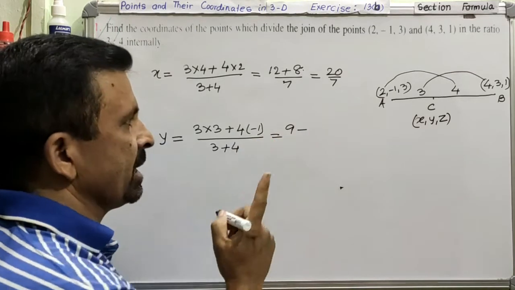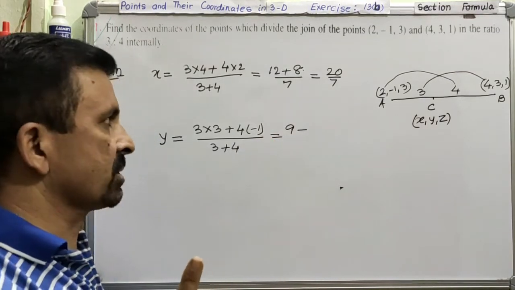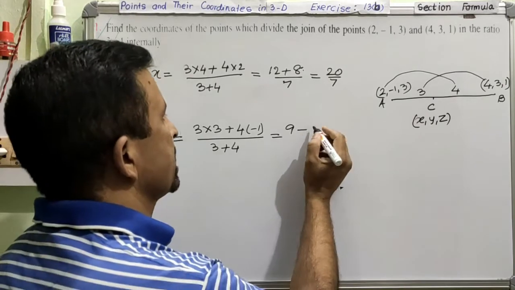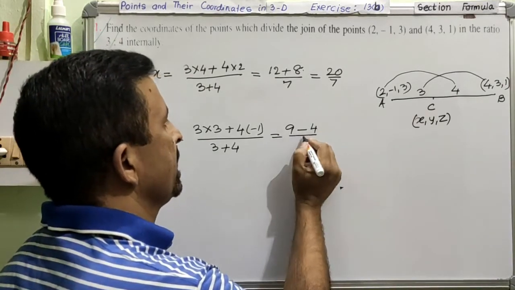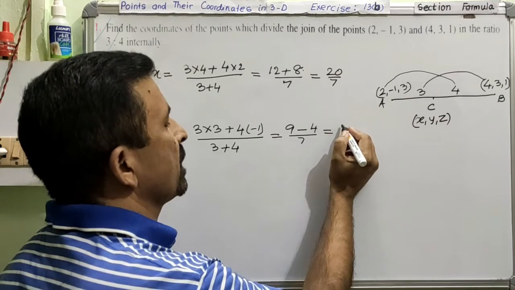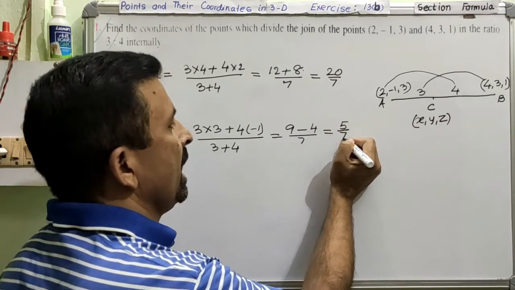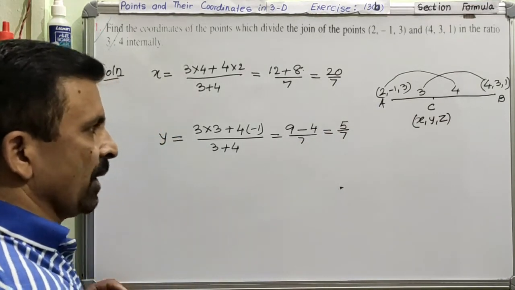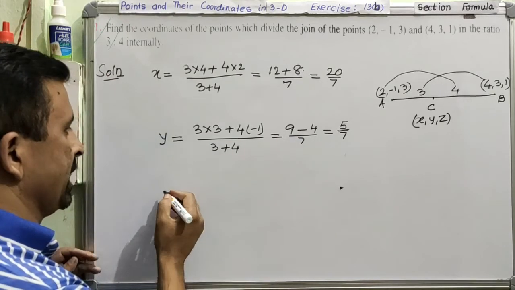When you are simplifying, please take extra care of your sign. So this is minus 4 divided by 7, and therefore 9 minus 4 is 5 over 7, and this also is in the reduced form, in the lowest form, so it cannot be simplified anymore.